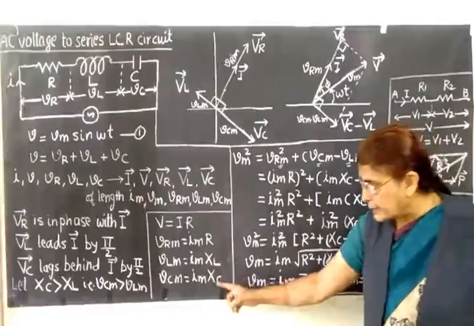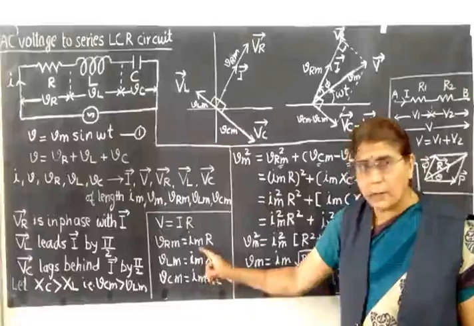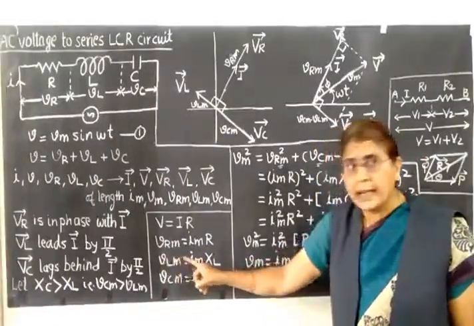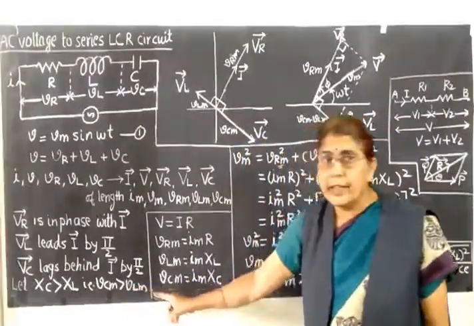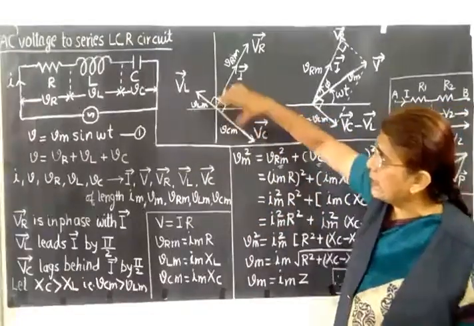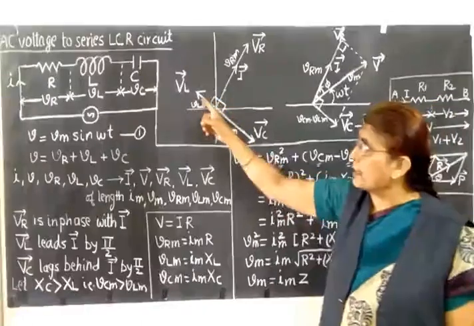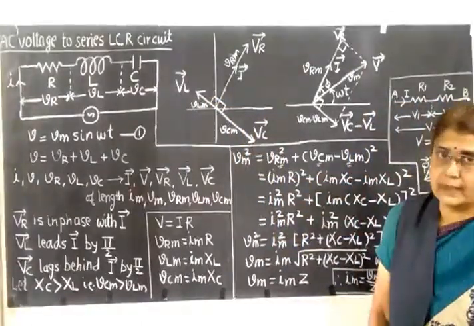So, if I take XC greater than XL, then what about VCM? IM is common. So, which value will be more? VCM will be greater than VLM. So, here VCM is greater than VLM. The meaning is this length VCM is more than VLM. Now, these two vectors act along the same line but in opposite directions.